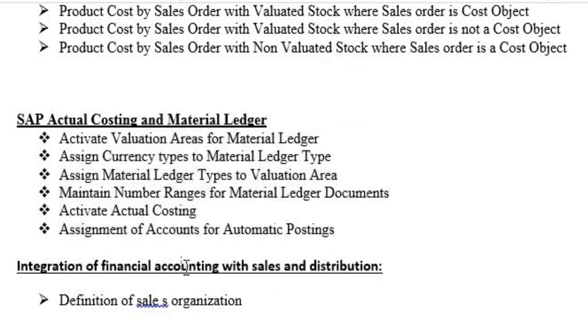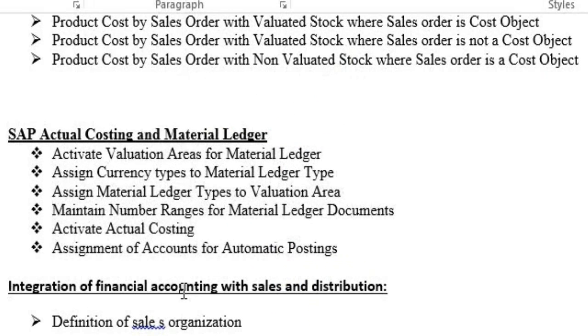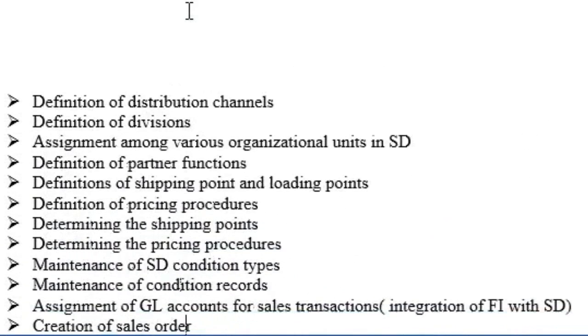Next one is FI-SD integration. Whenever there is a financial transaction, if you are posting anything in SD, that is also automatically updated to FI. We will do that in VKOA settings. Transaction code is VKOA.